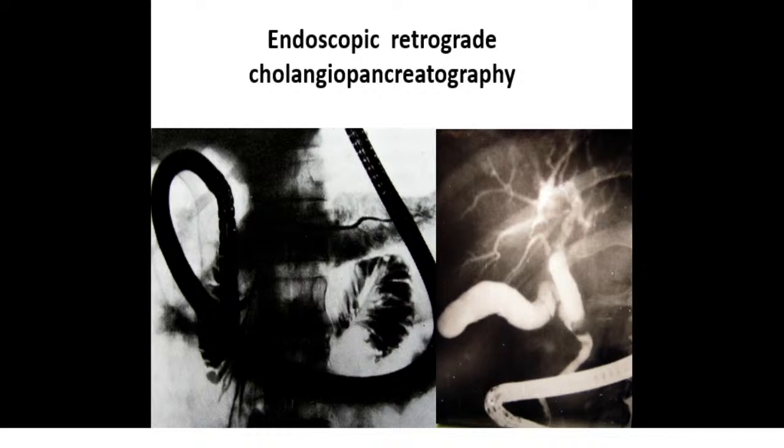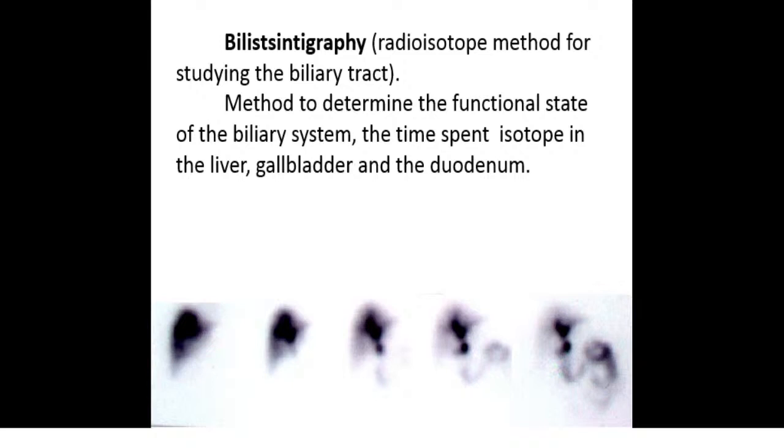If we do this method, we can determine where the bile is blocked, and determine the cause of the obstructive jaundice. Or biliary scintigraphy, a method of determining the functional state of the biliary system, by the time the isotope spends in the liver, gallbladder, and duodenum.